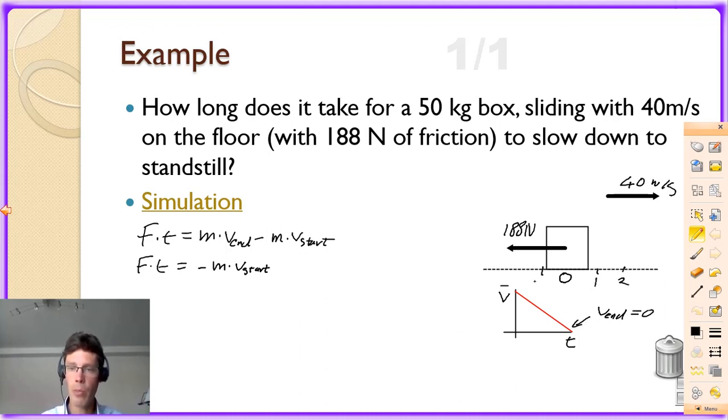And I can also move in the other direction, then it would be minus 1 and minus 2, etc. So this direction is called the positive direction, and that direction is called the negative direction. We've seen it before. Since our force is working in a negative direction, the force is a negative number. It's actually minus 188.